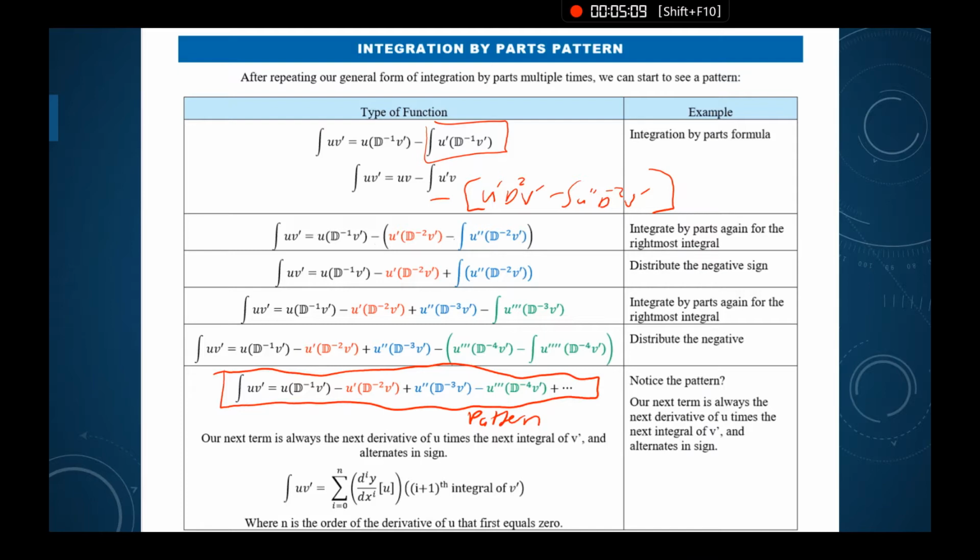And every term you're integrating v prime one more time: the first integral of v prime, the second integral, the third, the fourth. Your sign also alternates. So I've got u times the integral of v prime, minus u prime times the second integral of v prime, plus the second derivative of u times the third integral of v prime, minus the third derivative of u times the fourth integral of v prime, and that pattern is just going to continue.